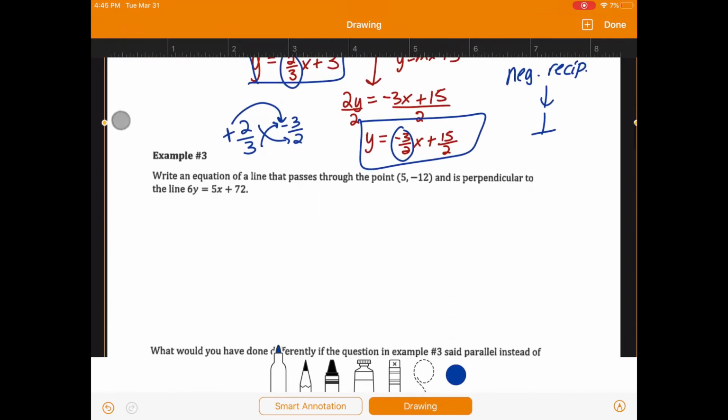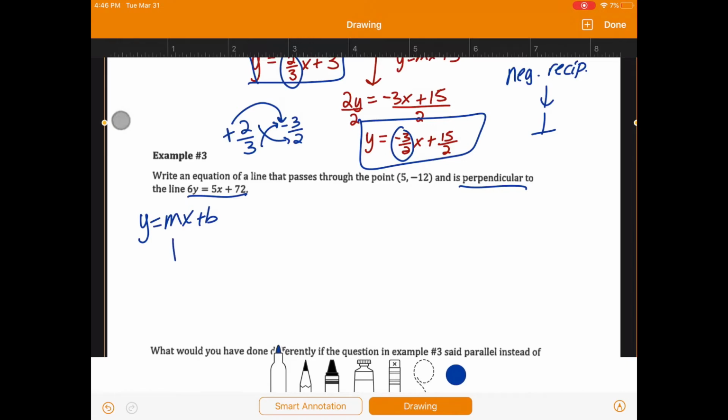Now we're going to do something very similar with this next one, okay? Except now we're going to twist the order around a little bit. So we're going to write the equation now, knowing that it's going to be perpendicular. So it's going to be perpendicular to this line, so that means we're going to first put this in y equals mx plus b form.